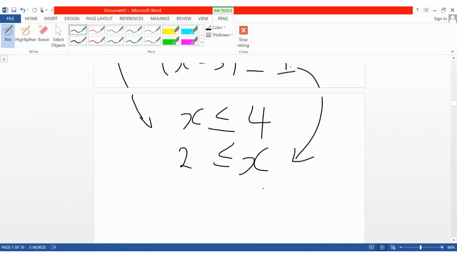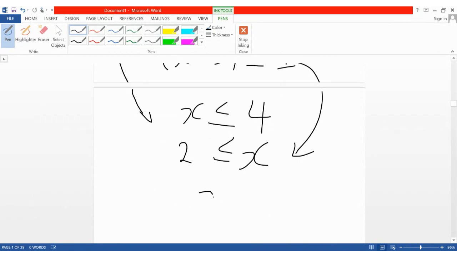The other one, the arrow is pointing at 2. So x is greater than or equal to 2. Like that, I've been able to join that inequality into one.